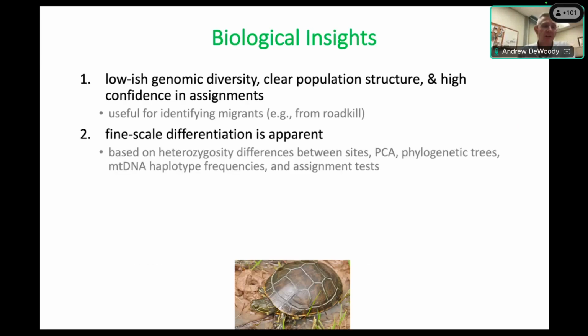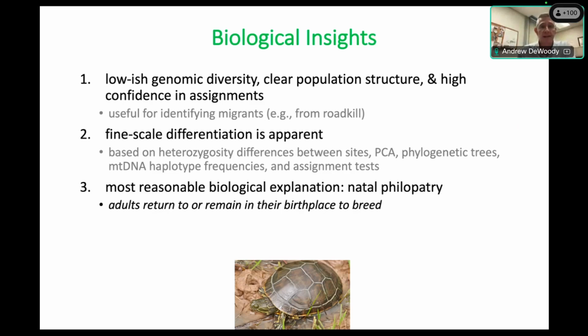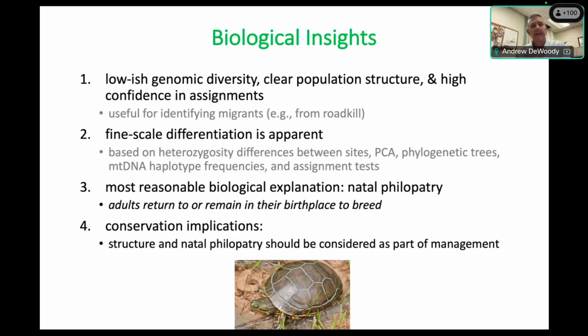Very fine scale differentiation is apparent, even at very nearby geographic sampling sites. And I think the most reasonable biological explanation is natal philopatry, that adults return to or remain in their birthplace to breed. And I think hopefully all this should be considered as part of conservation and management moving forward.